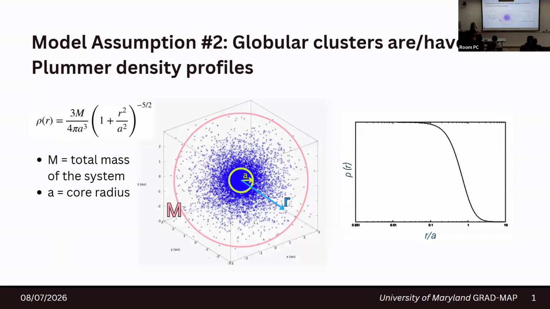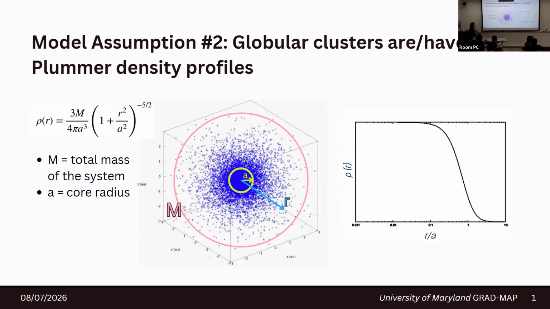The second assumption that we make in our model is that we approximate globular clusters to be perfect Plummer density profiles. A Plummer model is a spherical density distribution described by this equation, wherein the density at any point r is explained by the relation of the total mass of the system and the radius of the core.